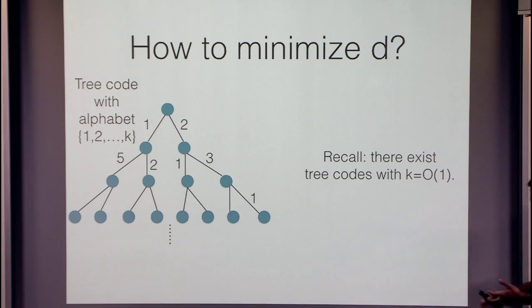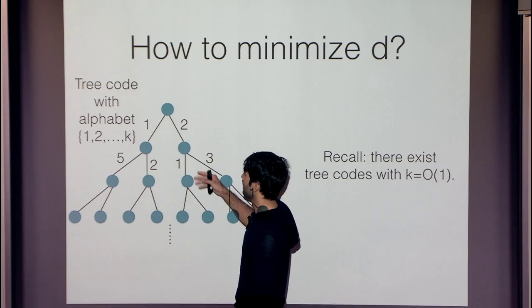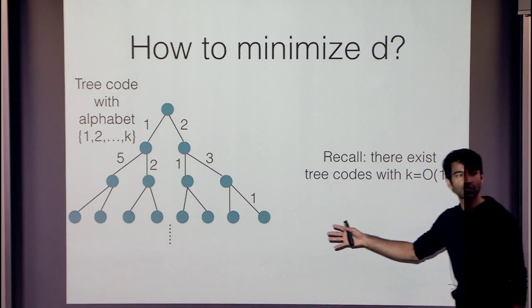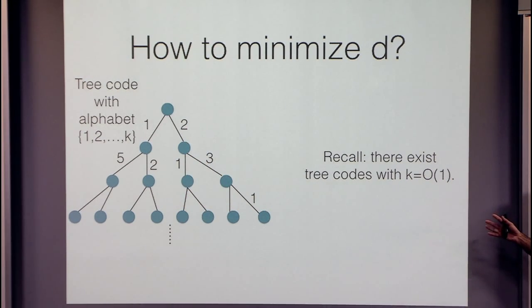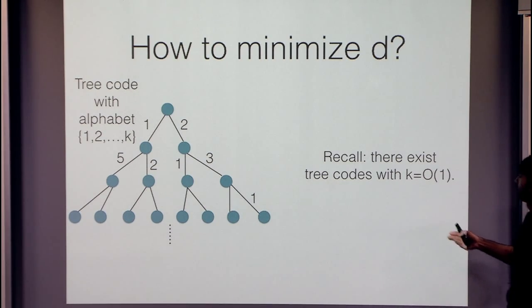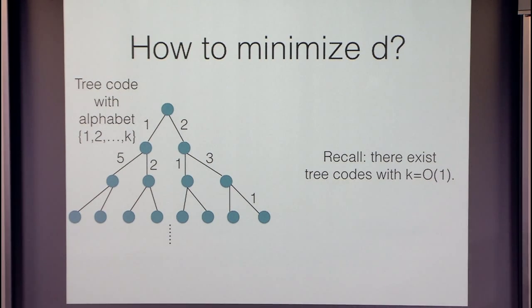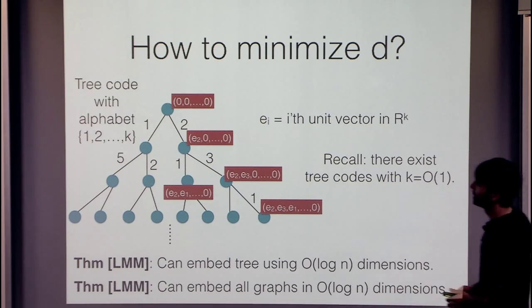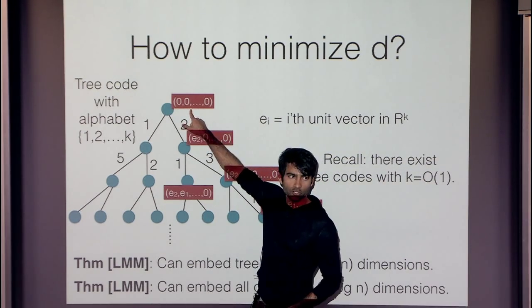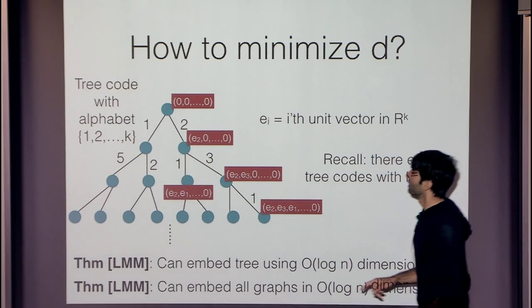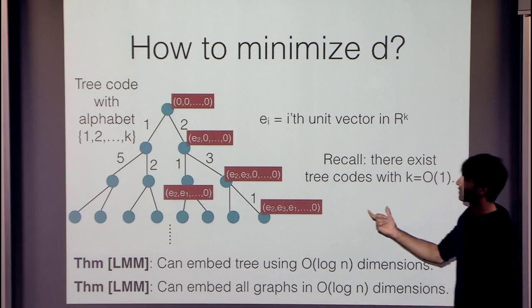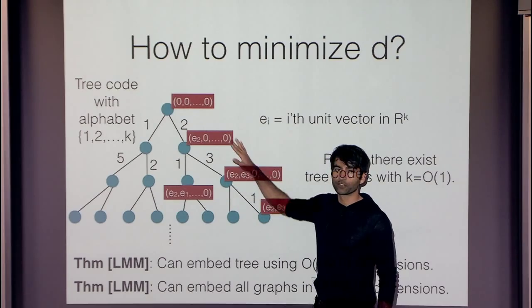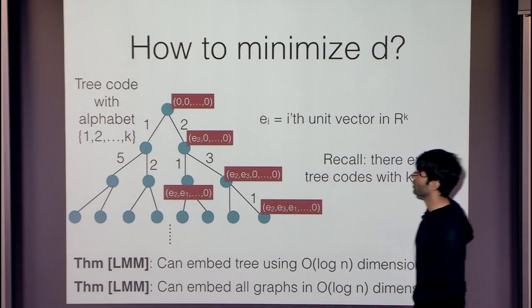So let's do it by first let's put a labeling on the edges of this tree that correspond to a tree code. Okay? So we know that you can label it using a constant size alphabet if you want constant relative distance. And then here's the idea. Here's how you do the embedding. You put the root of the tree at the origin. Okay. The number of dimensions here is going to be log n if there are n vertices in this picture.